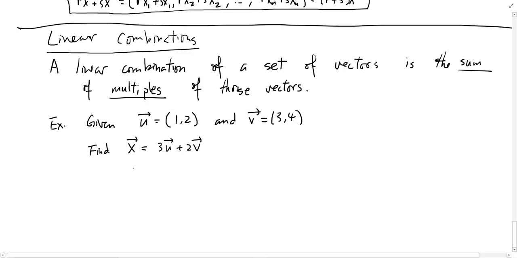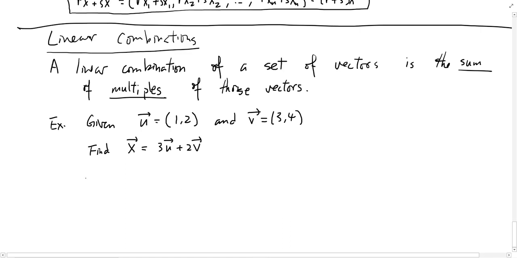Now, why is vector x a linear combination of u and v? Because number one, x is formed by using u and v. Number two, x is formed by u and v in a very specific way. The specific way is it involves a vector sum, which is the plus sign right there, and also multiples, which is the 3 times vector u and 2 times vector v.